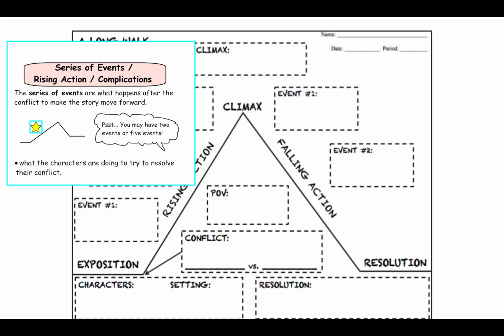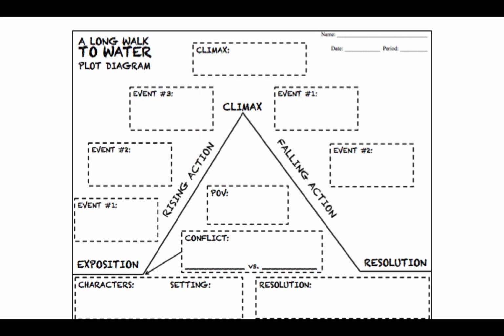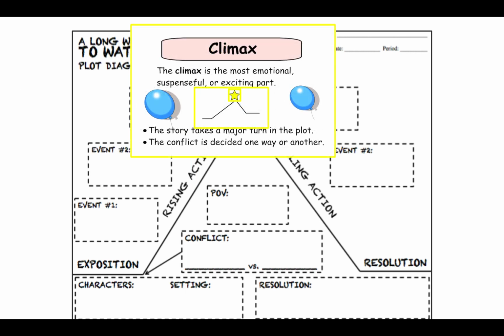What are the characters doing to try to resolve an issue? There are several events that build up to one major event, which we call the climax. This is the most suspenseful, exciting part. You are on the edge of your seat. You can't put the book down.